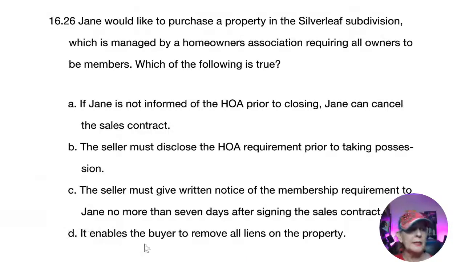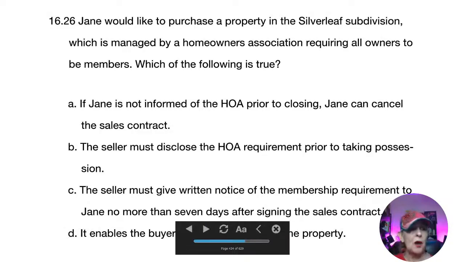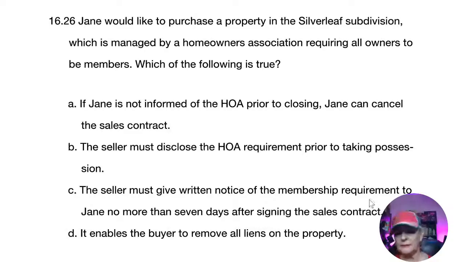D, it enables the buyer to remove. I would say, nah, it's not going to be that one. So Jane would like to purchase a property that has an HOA. So which of the following is true? A, if Jane is not informed of the HOA prior to closing, Jane can cancel the sales contract. That is the answer.